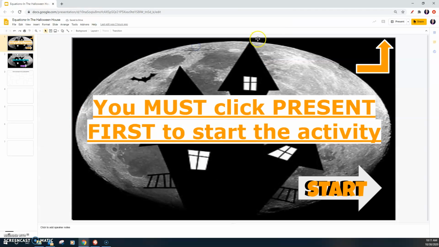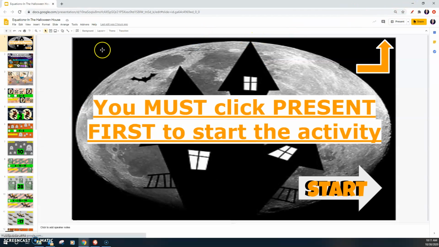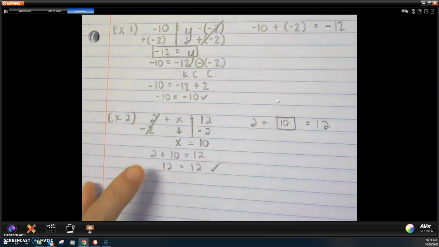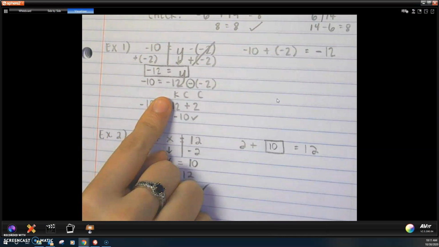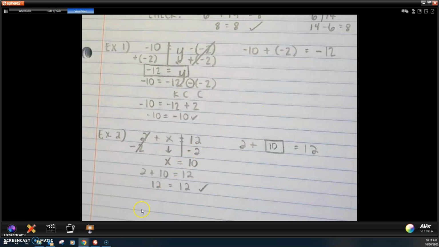So, here is the assignment. When you click on it, this is what you're going to get. There is a separate document for you to upload a picture of your work. So if I don't see all of the steps that we did on here, then that tells me that you just went on there and wrote the answers down.